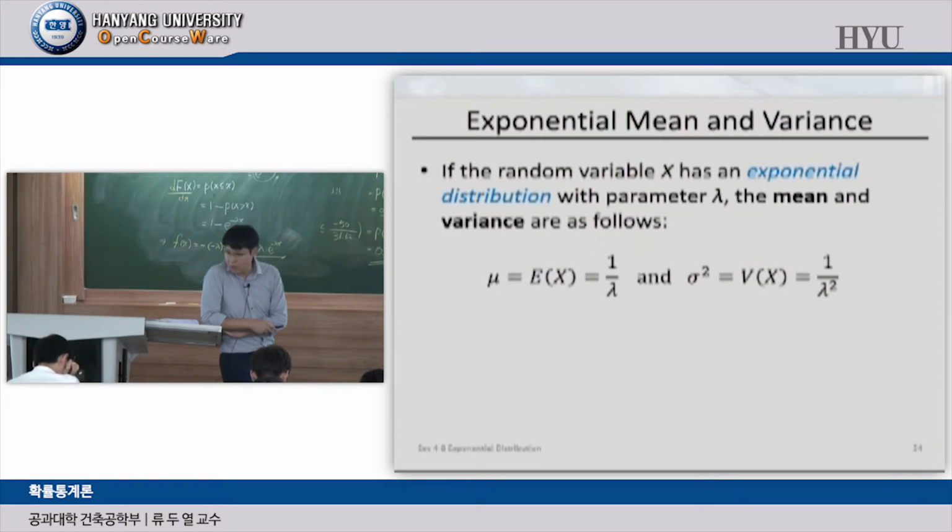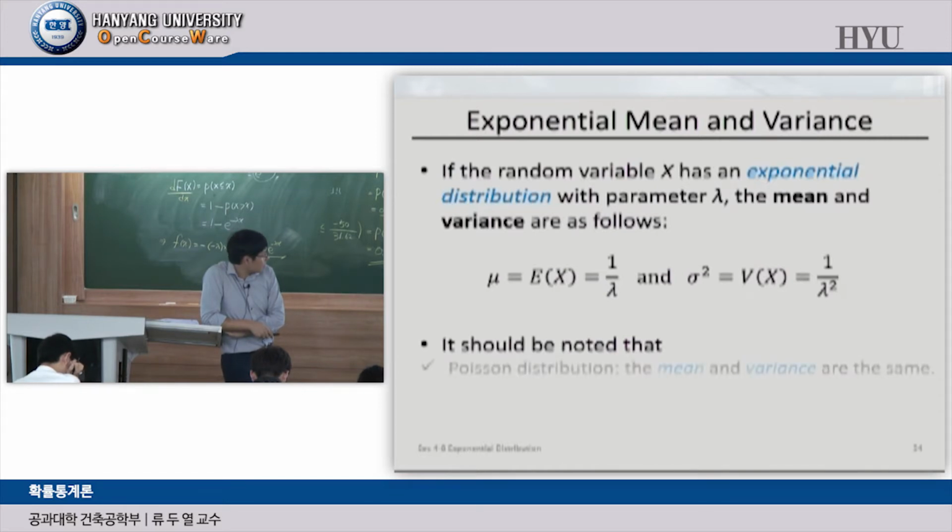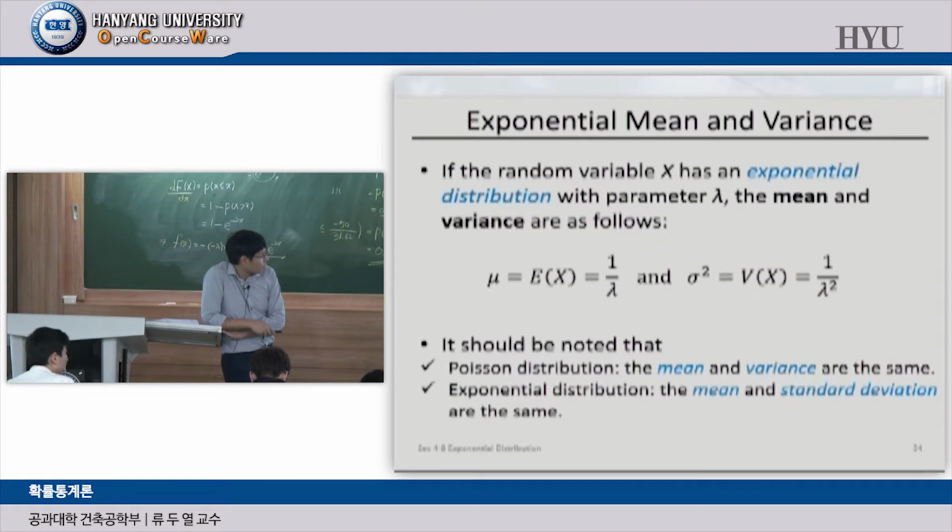Because that is root sigma squared. It should be noted that in the case of the Poisson distribution, the mean and variance are the same value, lambda. And in the case of the exponential distribution, the mean and standard deviation are the same, 1 over lambda.